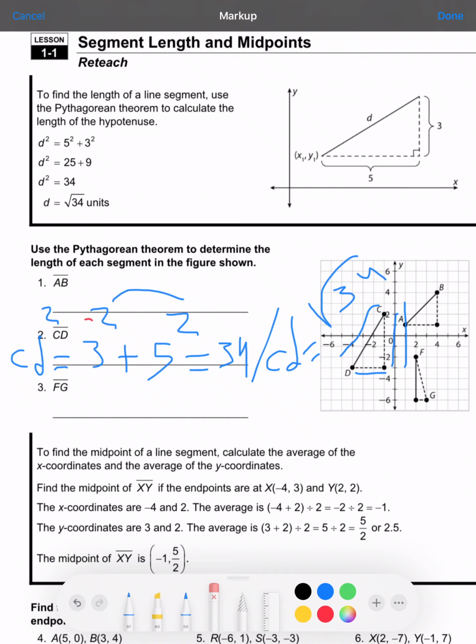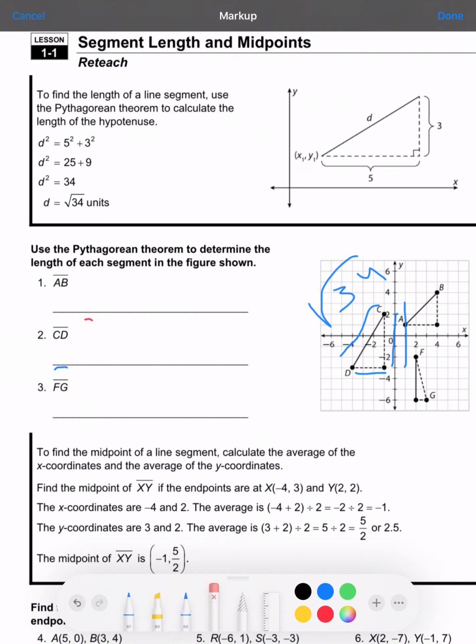Now let me discuss with you another important point, which is how to find the coordinates of the midpoint, as you can see in this example here.